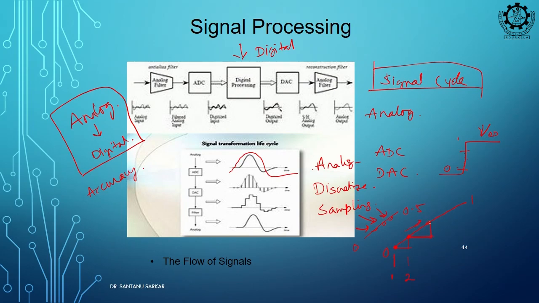Okay. So, this is known as the sampling frequency. This was my signal frequency. Now, I need to sample it. This sampling frequency generally happens with the clock frequency.